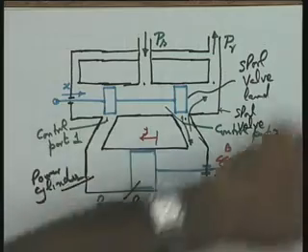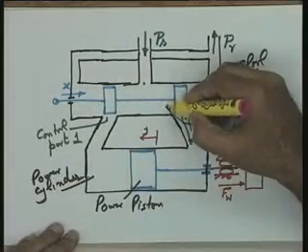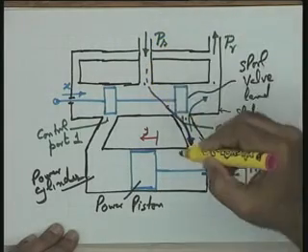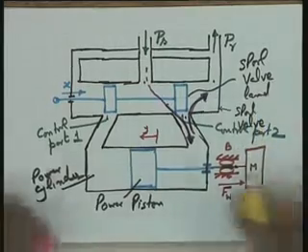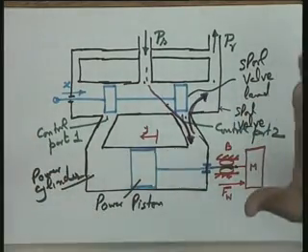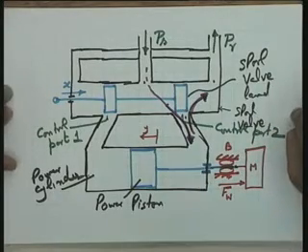Let me use a different color so that it makes it very clear. This flow is supplied to the cylinder, and this flow is from the cylinder to the port. Both these flows are possible, and I really want that x equal to 0 should give you correspondingly y equal to 0.